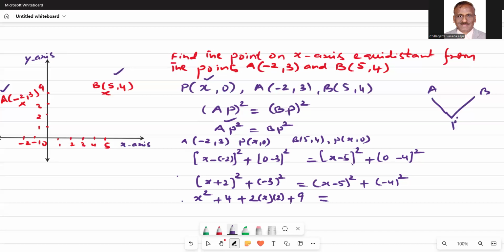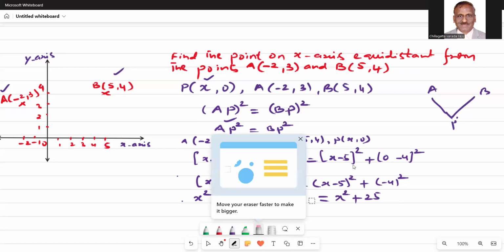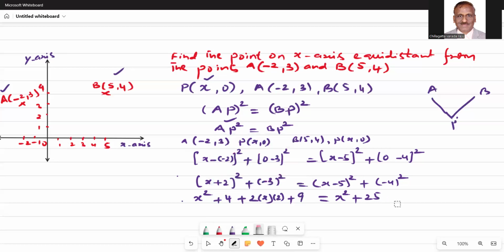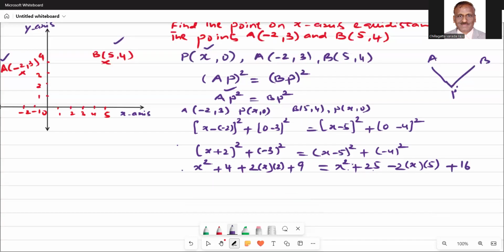Here (x minus 5) whole square, a square means x square, b square is (minus 5) whole square, it is 25, plus the minus 2ab, where a is equal to x and b is equal to 5. So a square plus b square minus 2ab. (Minus 4) whole square gives you 16.